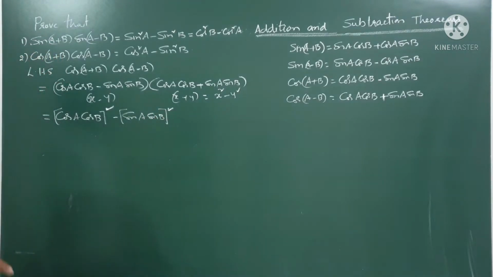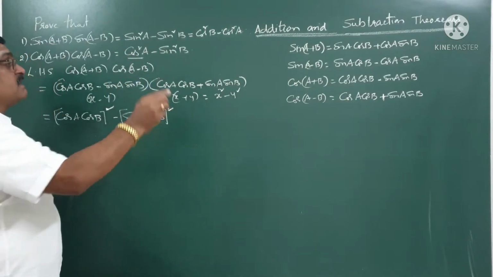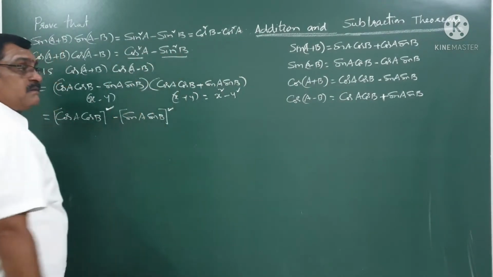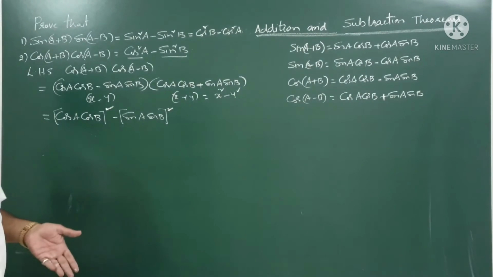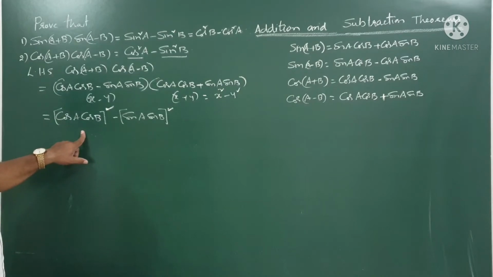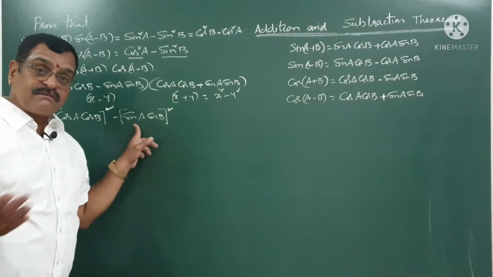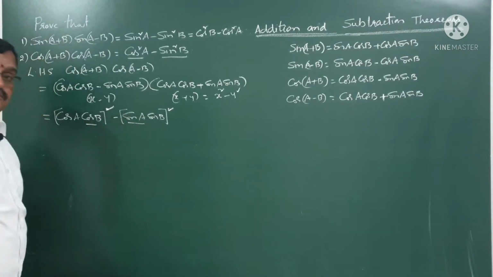Now our next steps always depend on what results we need. Now here my expression is in terms of cos square a and sin square b. But here I have both cos a cos b, sin a sin b. That means I don't want cos square b and I don't want sin square a. So I need to focus on these two.